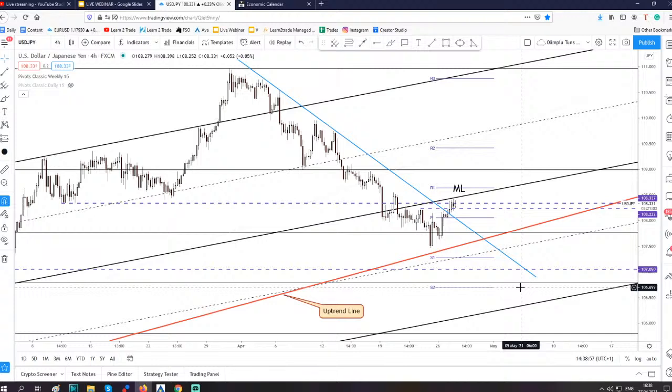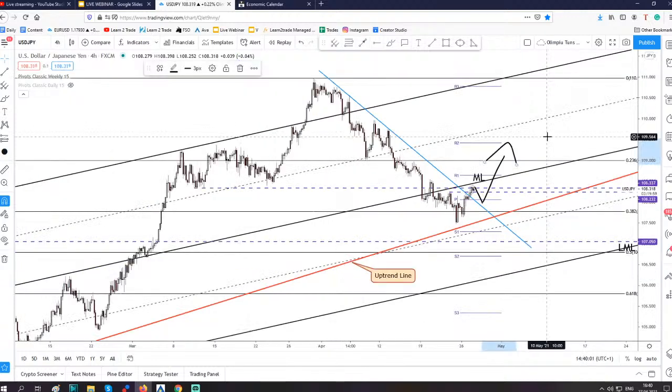So if the price will take out this resistance area, then it could continue higher. Also, we cannot exclude a potential drop after this aggressive breakout above the downtrend line, to test and retest the weekly pivot, also maybe to test and retest the 38.2 retracement level before going higher.